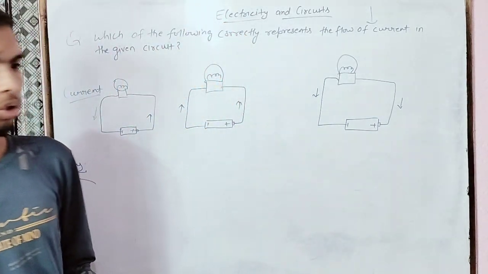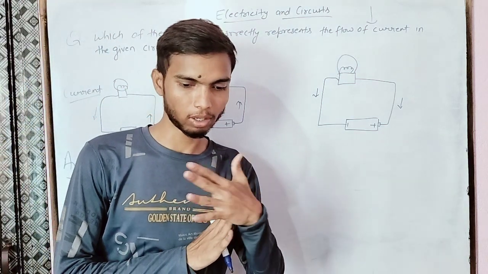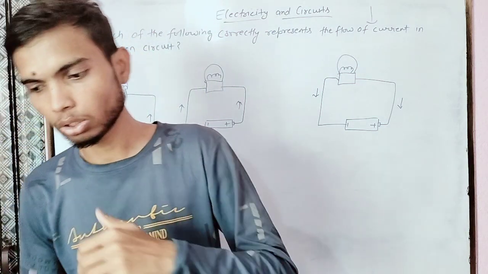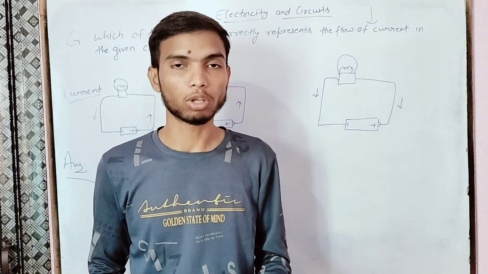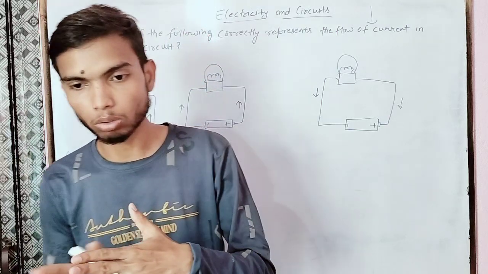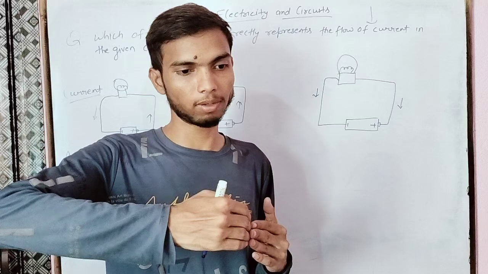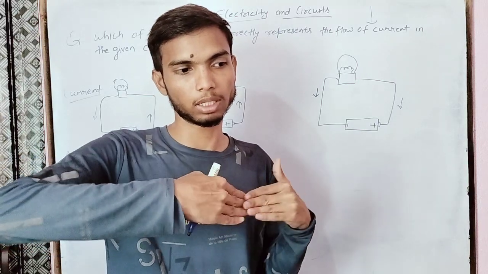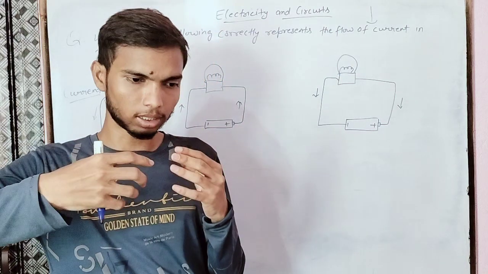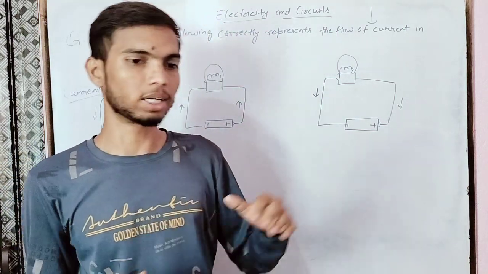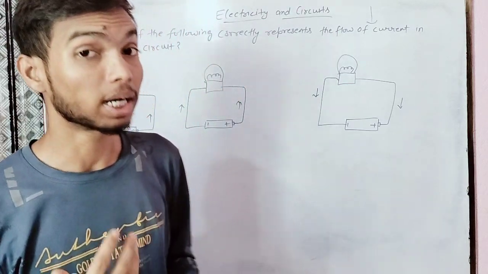So the travel of electrons starts from the positive terminal, then goes to the filament of the bulb, then comes out from the bulb, then enters another wire, then goes to the negative terminal.